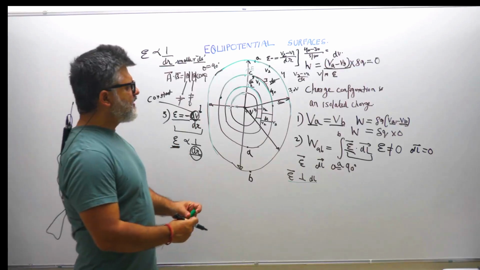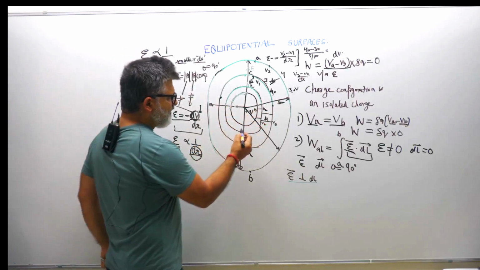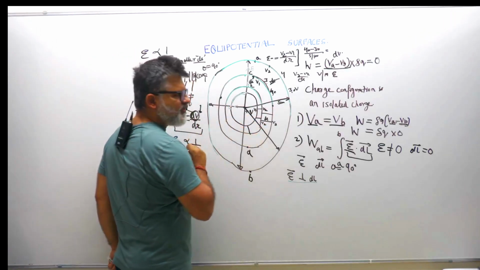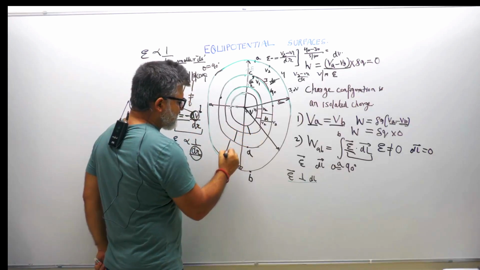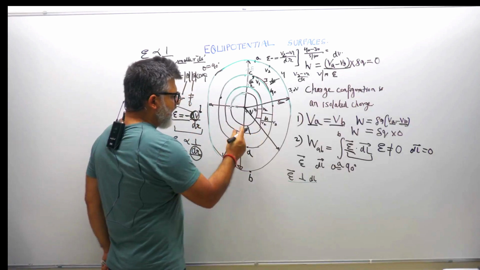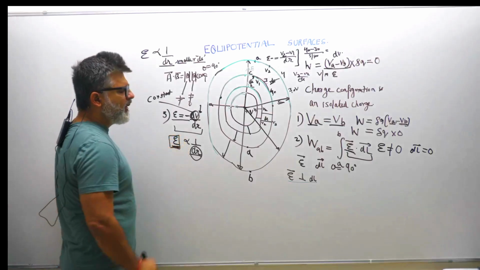So you can see the equipotential surfaces, the gap between them, initially dr is very small, then dr is increasing. As the dr is increasing, electric field is going down.